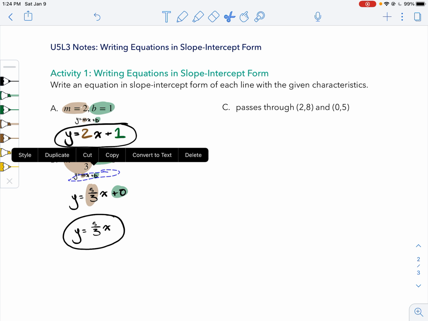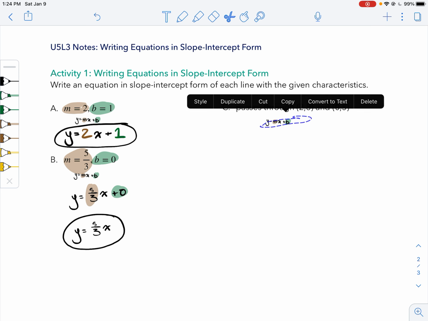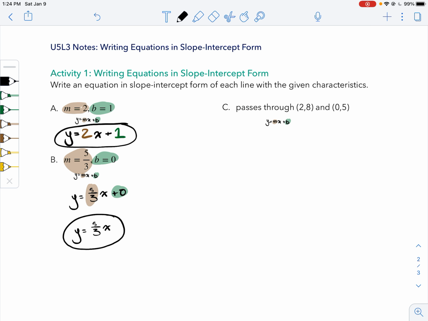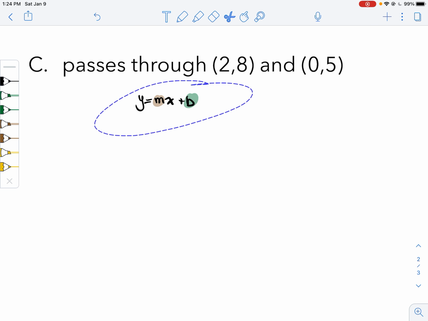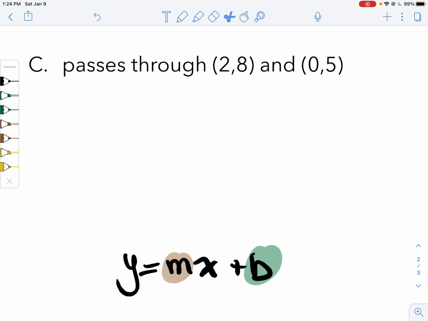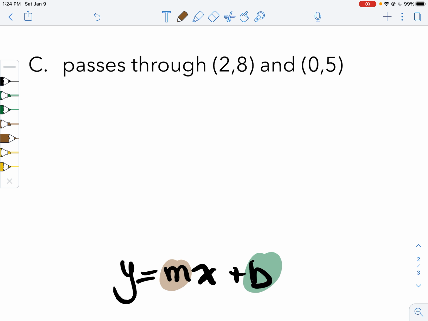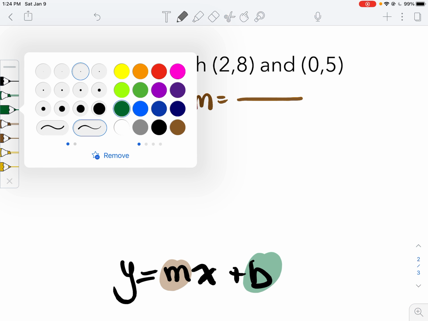We've got our y equals mx plus b, except we don't have our slope. We need to find the slope first. Here's your recap. What is the formula for slope? Remember, to find the slope, you need to first find the difference in your y's and then find the difference in your x's.